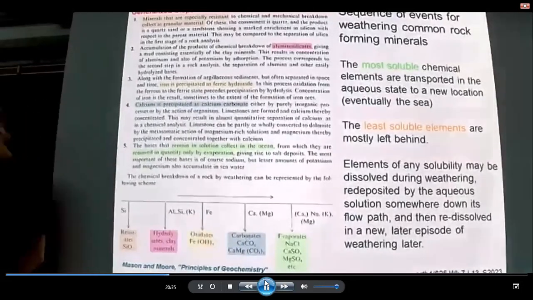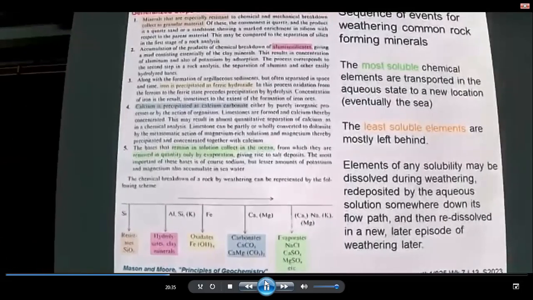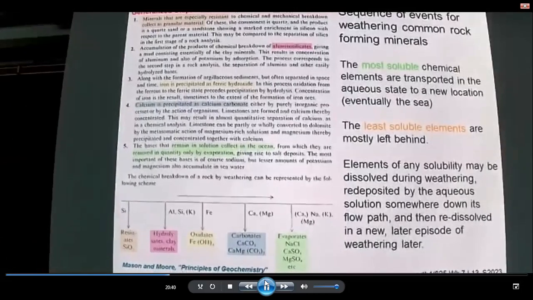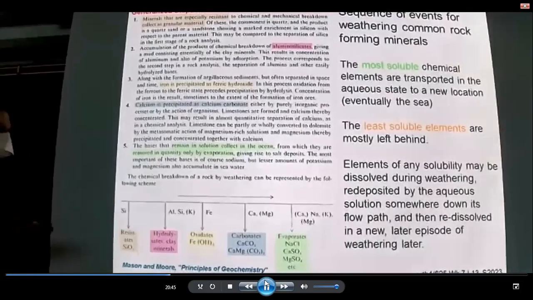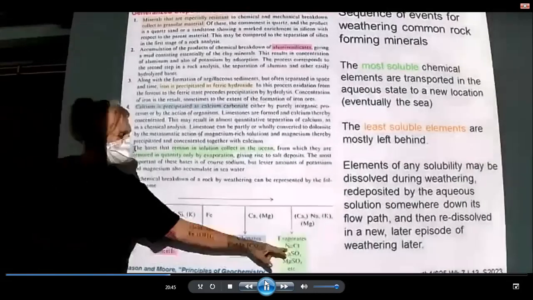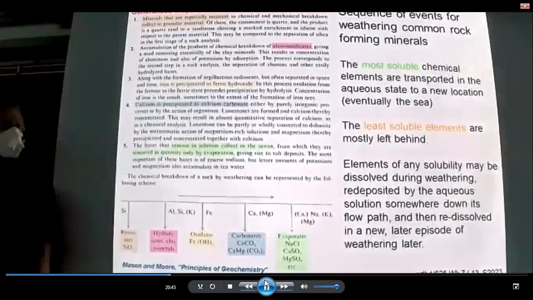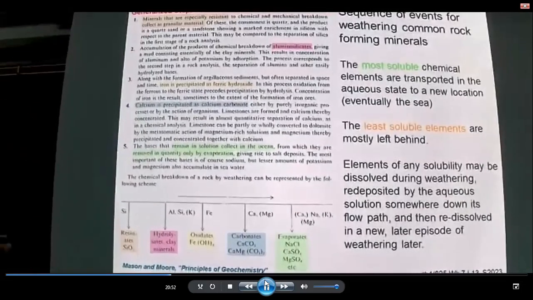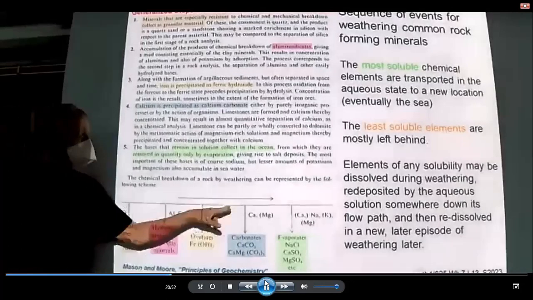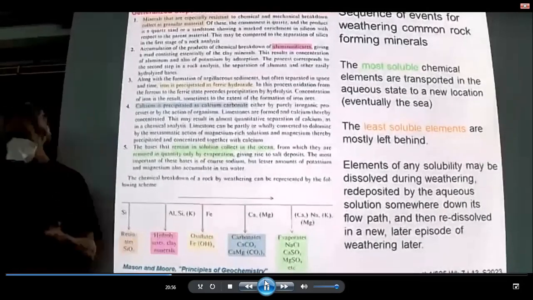So things like silicon on the very left-hand side of this diagram is present in the rock, but it doesn't really like to be dissolved away. Whereas things on the right-hand side of the diagram in green, things like sodium and to a lesser extent magnesium and calcium, they get removed from the rock during incongruent dissolution and moved through with the through-flowing groundwater.